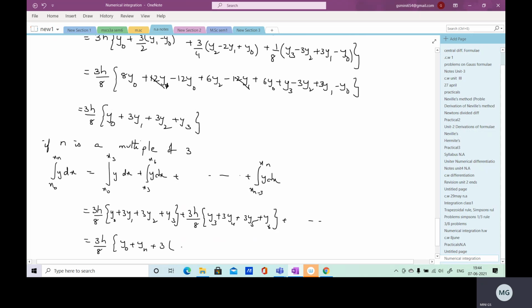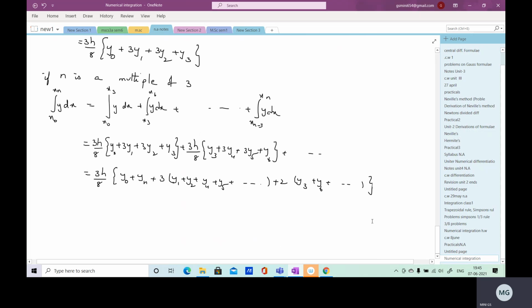Plus, let's look at the terms with 3 as a coefficient: y1 plus y2 plus y4 plus y5 plus etc. Plus, if you look at the in-between terms, y3 comes twice, y6 comes twice, so you have twice y3 plus y6 plus etc. This is your Simpson's 3 by 8 rule. So the derivations we are having are only these.